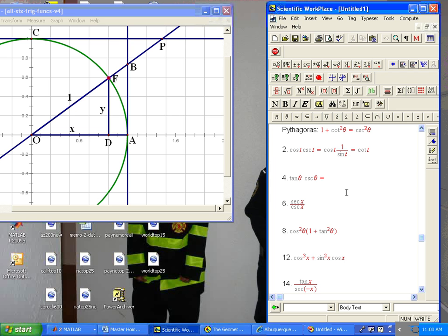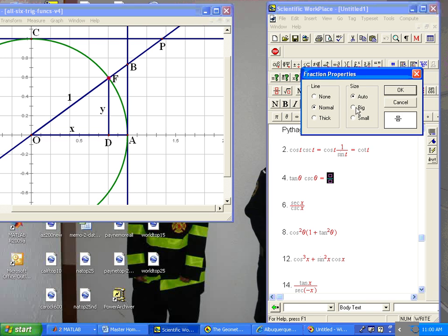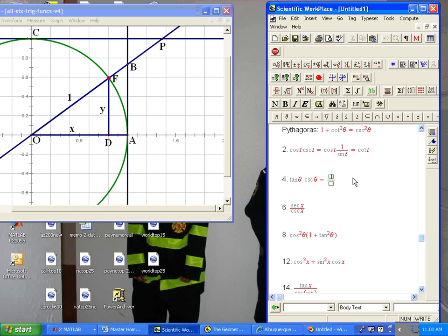So here's another one where there's a few strategies we could use, but one of them is to just write it all in terms of cosine and sine. So tangent is sine over cosine, and cosecant is 1 over sine. Let me make that big.